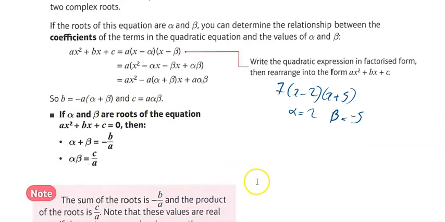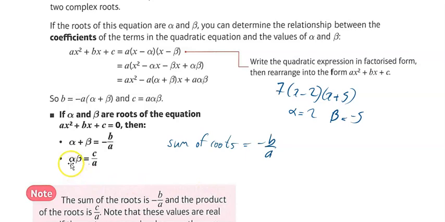Okay, what we need to understand then is this: if alpha and beta are the roots of the equation ax squared plus bx plus c equals 0, then alpha plus beta, the sum of the two roots, is equal to minus b over a. So we'll just write that in: sum of the roots is equal to minus b over a.